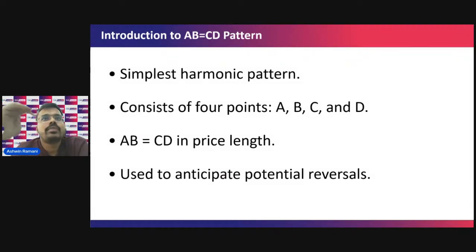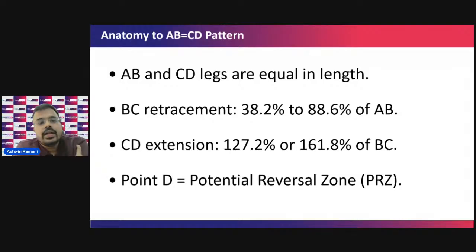And among the harmonic patterns, what we are going to learn today is the AB equal to CD pattern. Okay. Let's go straight to the ABCD pattern now. So the length of AB, for example, A to B the price has moved a certain length, then after B we get a throwback until point C. Whatever the length of A to B is, if you apply it from the low of C, you will get the point where D ends.